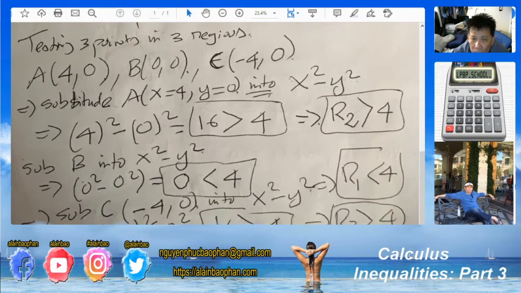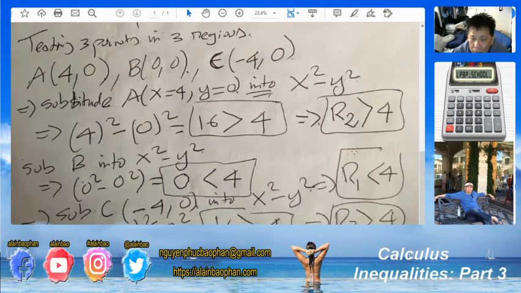When x equals 4 and y equals 0, you have 4 squared minus 0 squared. 4 squared is 16, greater than 4. Then we know that region R2 is greater than 4. If we substitute point B, which is 0, 0, into x squared minus y squared, we get 0 squared minus 0 squared equals 0, and 0 is less than 4. So in region R1, x squared minus y squared is less than 4.